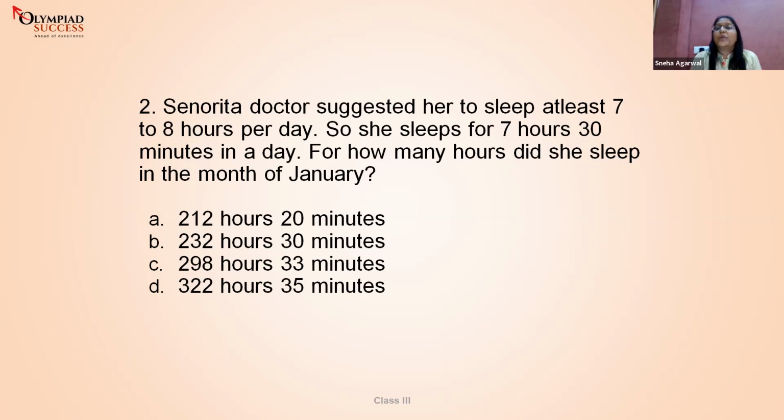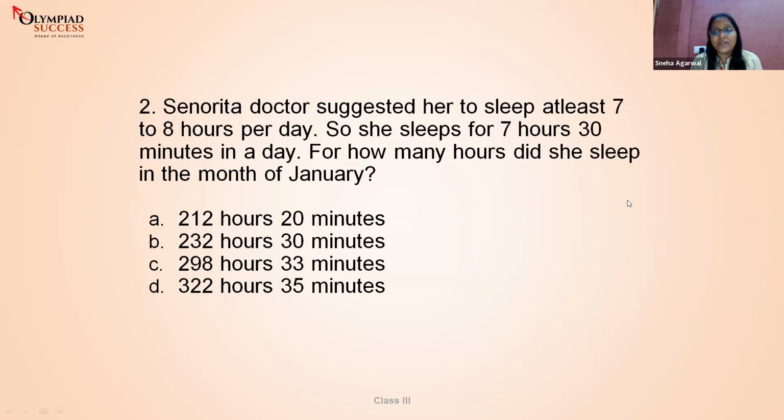See, over here again, they are telling you that the doctor has suggested her to sleep for at least 7 to 8 hours in a day, right? And she is sleeping for 7 hours 30 minutes. So for one day she's taking a sleep of 7 hours 30 minutes, right?